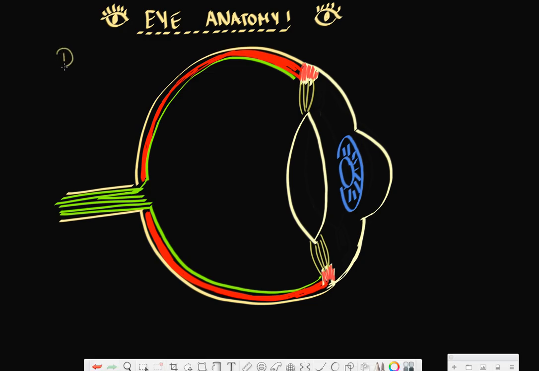Starting from the more superficial, working our way deeper, we have the outer layer. The outer layer is made up of two components, the sclera, also known as the white of the eye, and it's made up of dense connective tissue.